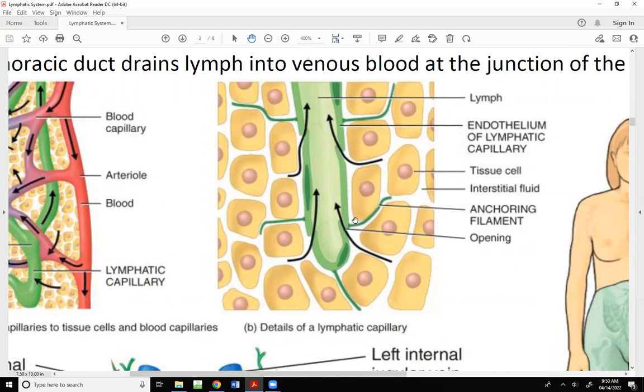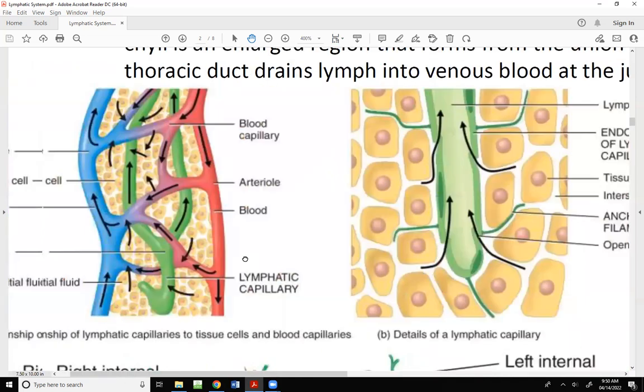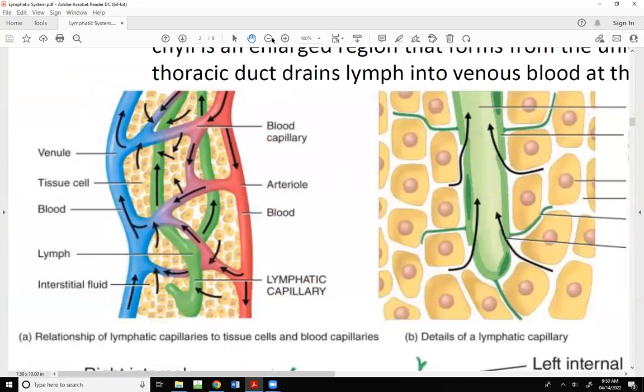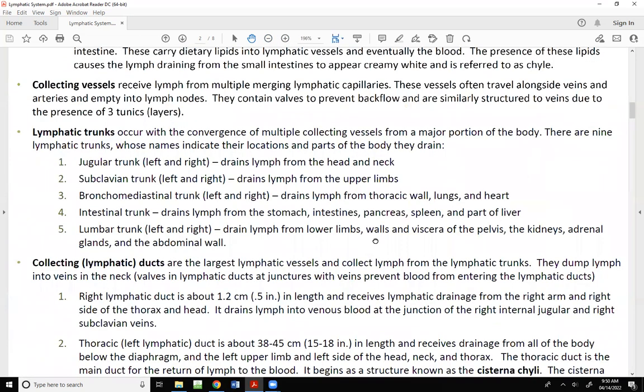And what that enables is the cells to separate from one another, which, as you can see, is going to allow stuff to come in. That's the interstitial fluid from the spaces between the cells coming in, but what we won't see is fluid going out like it is able to do with our blood capillaries.